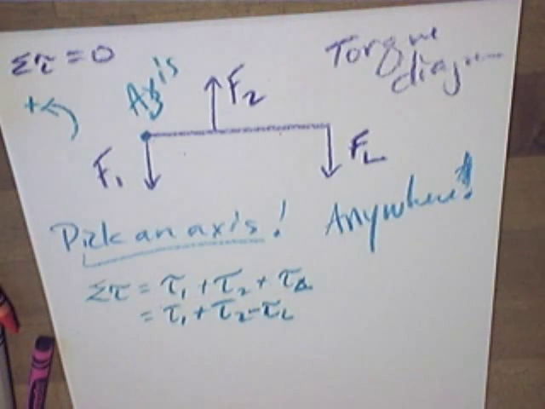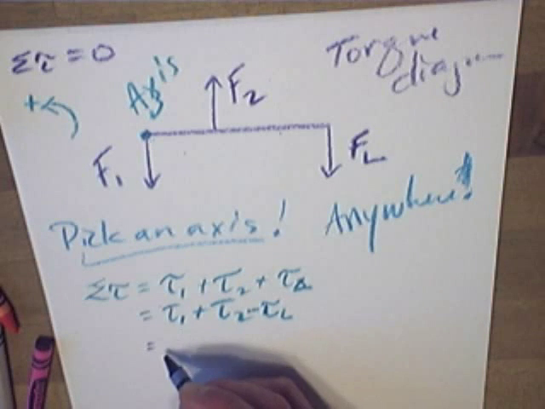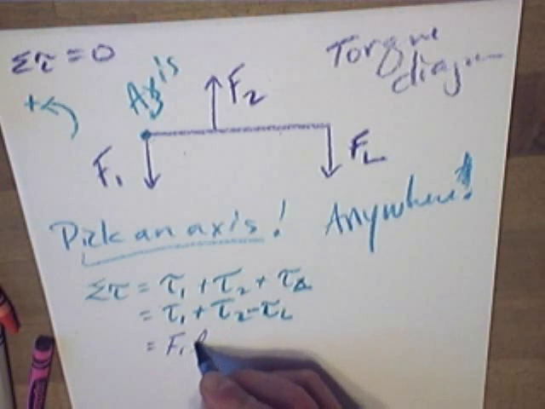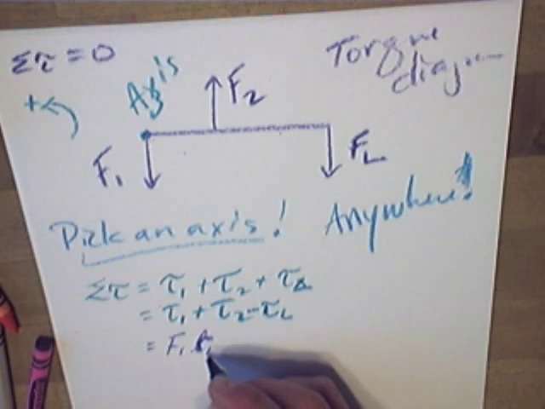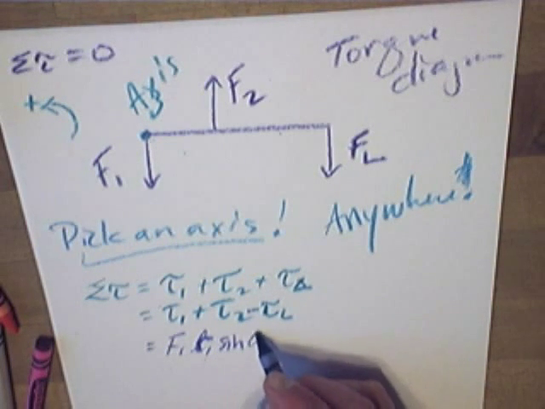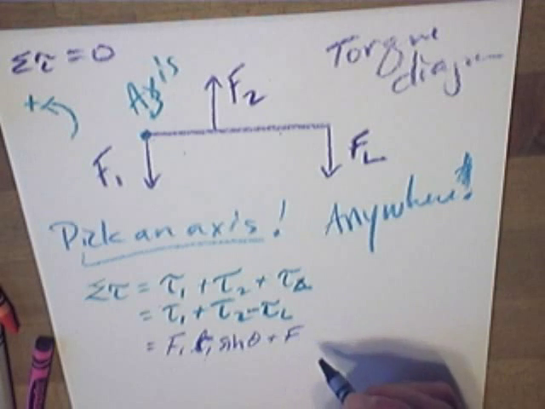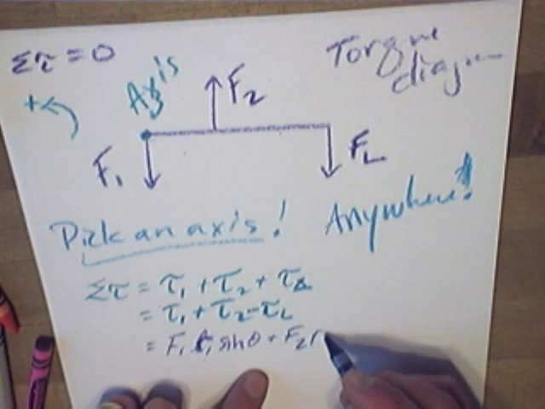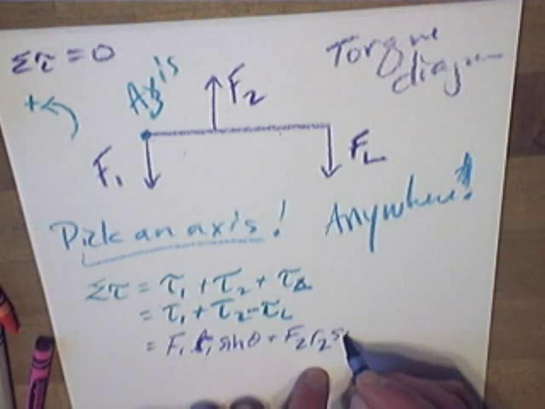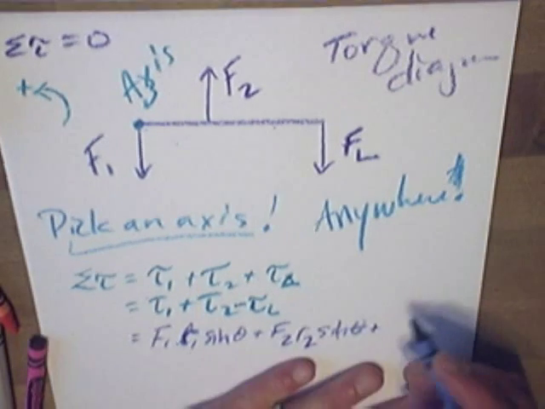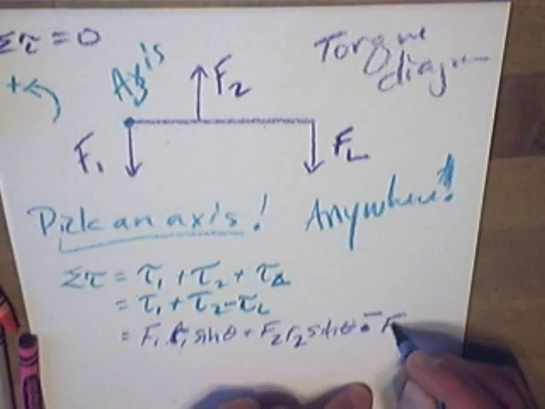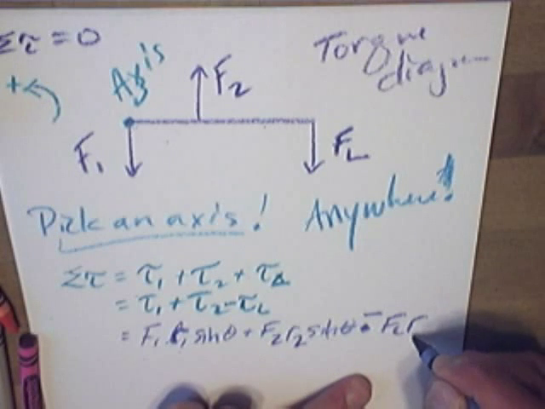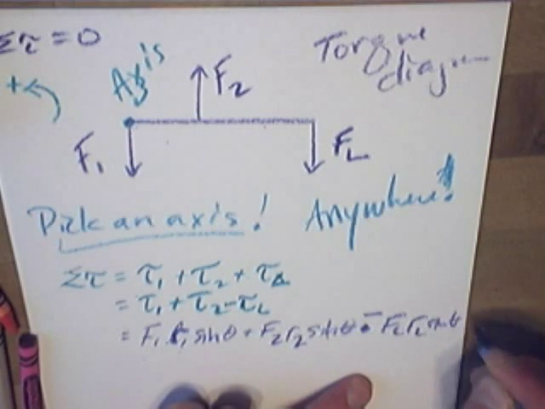So now the torques are the force of 1 times the lever arm R1, sine of the angle between them, plus torque due to 2, which is F2, R2, sine of the angle between them, minus the force due to Lubbs, radius of Lubbs, sine of the angle between us.